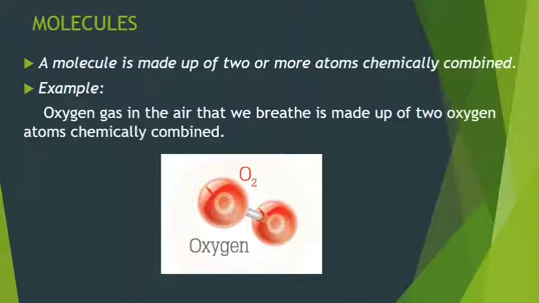Two oxygen atoms have been chemically combined with a bond in between. That forms the oxygen molecule, O2. So a molecule should be represented with a number in the subscript. Here, O2 represents that oxygen is a molecule.